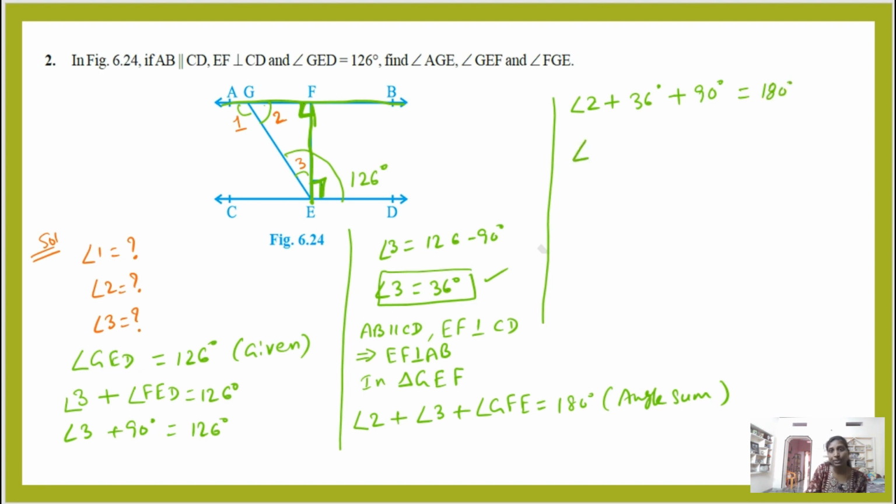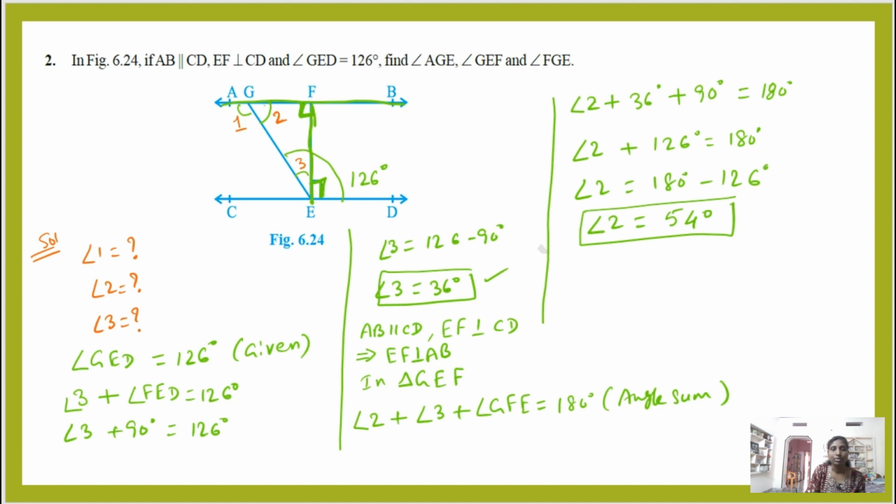Now angle 2 plus 90 plus 36, which is 126 degrees, is equal to 180 degrees. So angle 2 is equal to 180 degrees minus 126 degrees, which is equal to 54 degrees. So we got angle 2.